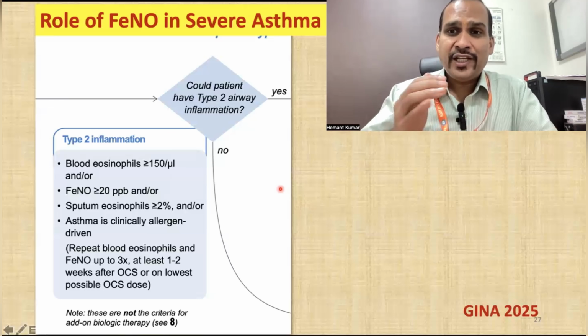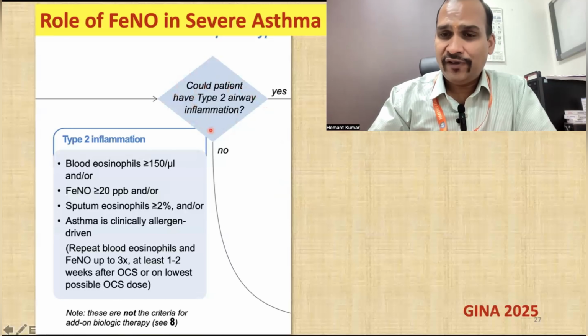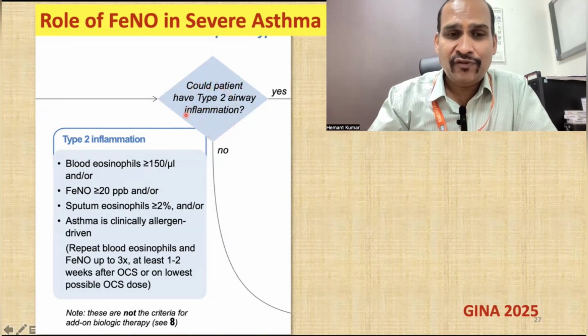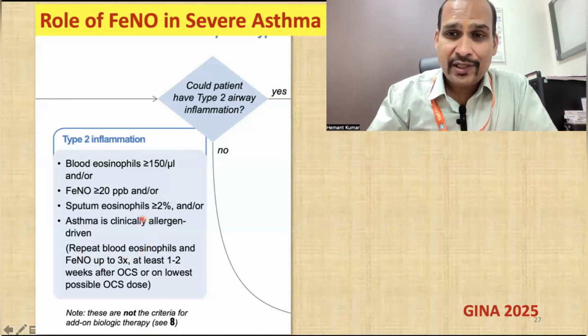Okay. For management purposes, we have to classify severe asthma into type 2 inflammation and non-type 2 inflammation. So how to say type 2 inflammation? When eosinophil count is more than 150 in blood, FeNO is more than 20 in the FeNO test, and sputum eosinophil is more than 2%, asthma is clinically allergen driven, and these patients often have oral corticosteroid.